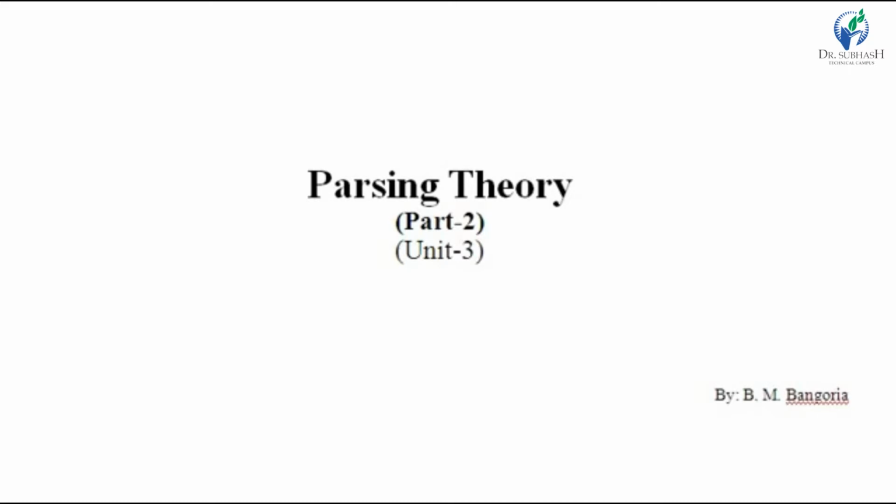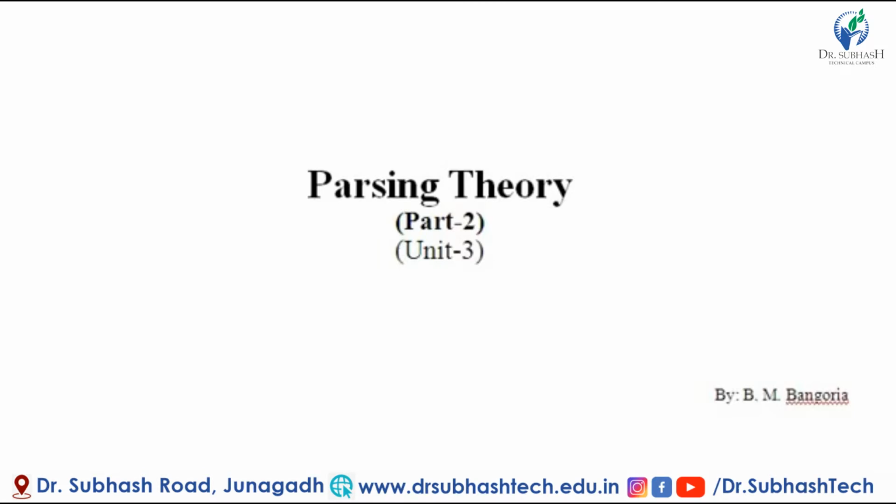In our previous video, I already discussed parsing theory, unit number 1, in which I discussed what the role of the parser is, the difference between a parse tree and a syntax tree, what ambiguity and ambiguous grammar are, derivation, leftmost derivation, rightmost derivation, and left recursion, including the algorithm for eliminating left recursion and how to remove left recursion from a given grammar.